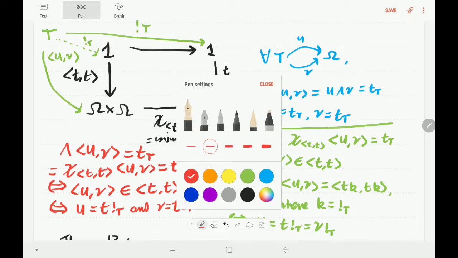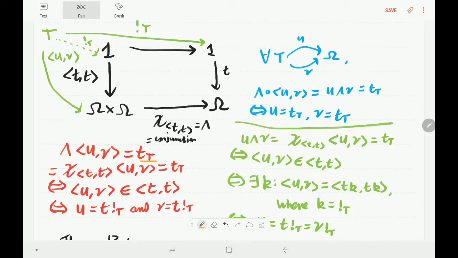So indeed u and v is true, which is what this means basically in shorthand, if and only if u is true and v is true.